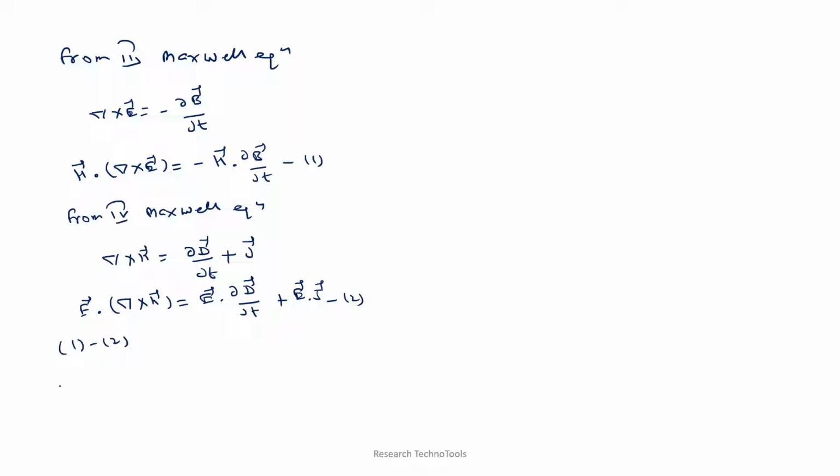If you subtract equation 2 from 1, you will get H vector dot curl E minus E vector dot curl H vector equals minus H vector dot del B upon del t minus E vector dot del D vector by del t minus E vector dot J vector.